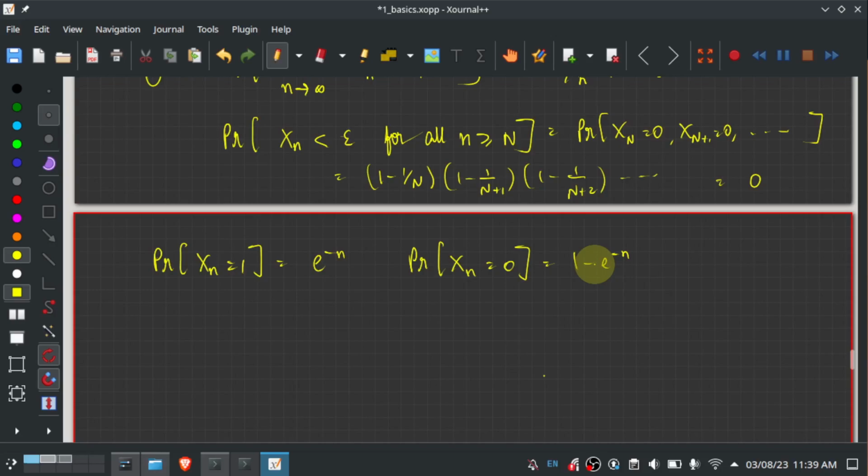All right, but now suppose I had, instead of just Bernoulli, suppose I had xn equal to 1 with probability, let's say, 1 over n. Then what would happen?